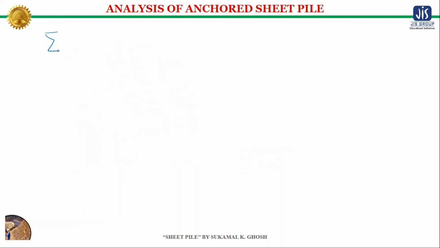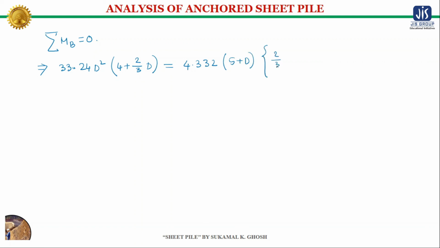So you will have 33.24 D square into (4 plus 2 by 3 D) is equal to 4.332 (5 plus D) square into (2 by 3 (5 plus D) minus 1 meter).